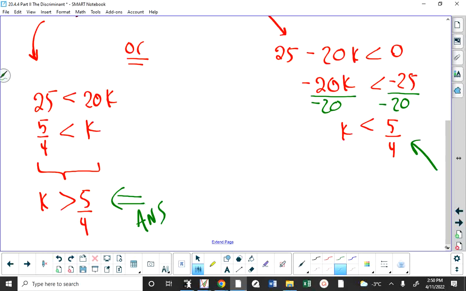Whenever you divide or multiply by a negative and there's an inequality involved, you have to flip the inequality over. So if I divide an inequality that says less than by a negative, I have to reflect that inequality to turn it into greater than. And now you can see that that's the correct answer.